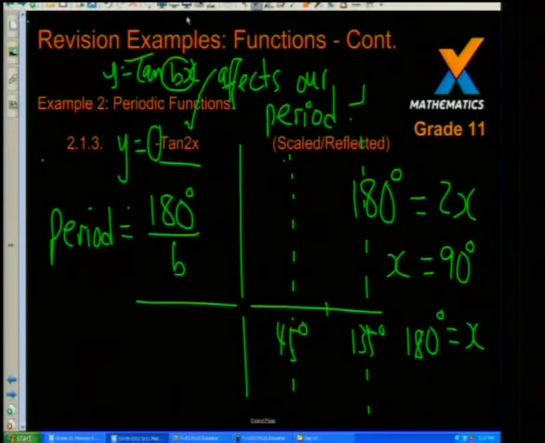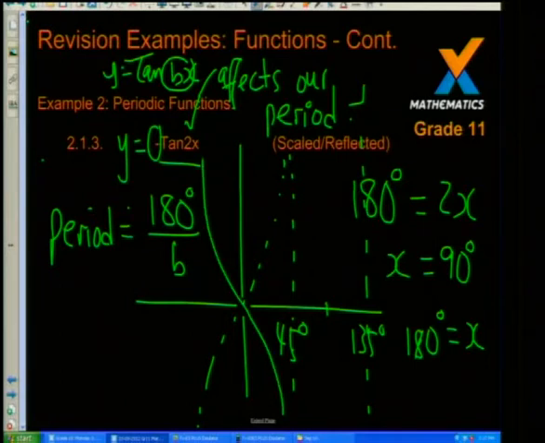This would have been the parent graph, but once you reflect it, every y value changes sign, and this becomes a graph that goes in that direction. In this case, that was 90 degrees. So that goes up to minus 45 degrees. Every 90 degrees, you've got that.